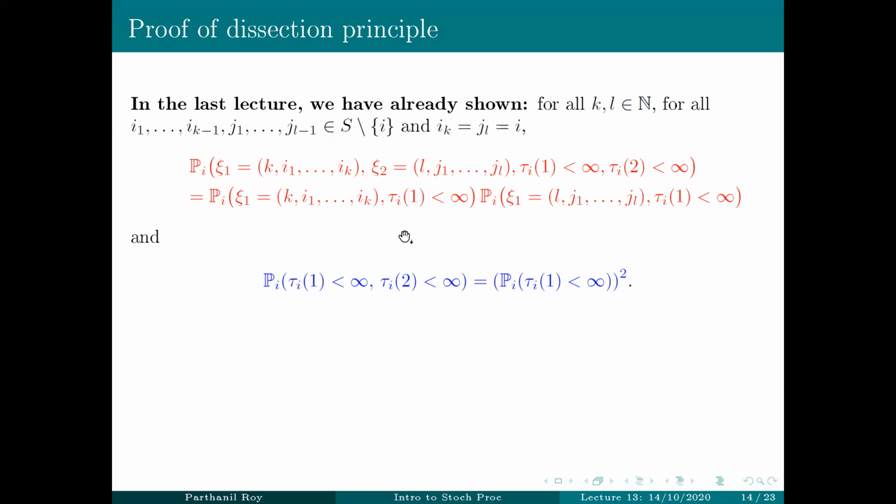becomes a product of xi_1 taking this value and the first return time being finite, and xi_1 taking this value now and the first return time being finite. So this is something we have already proved, in the last class itself.